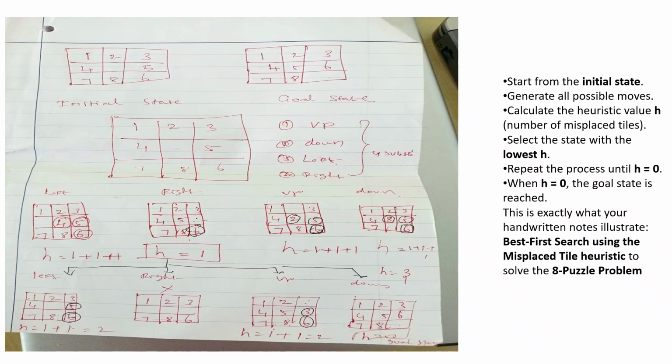Next, the right portion: we already decided we are not able to get the right portion, so that's why we have already cancelled it. And the upward portion: this is the current portion, this is the goal state, and we compare and apply the heuristic rules. So 1 2 are in the same position, and 4 5 and 7 8 are in the same position. Here the blank space is there, while in the goal state we have a value.